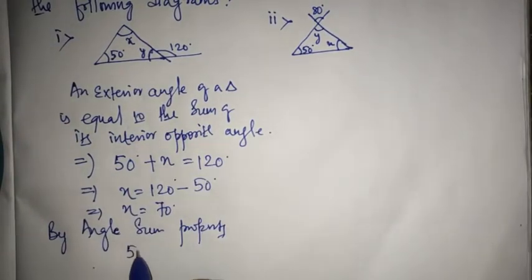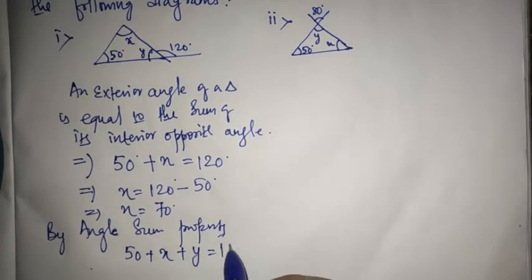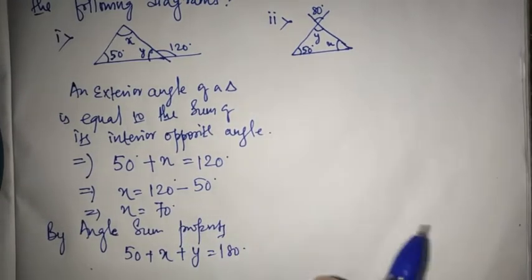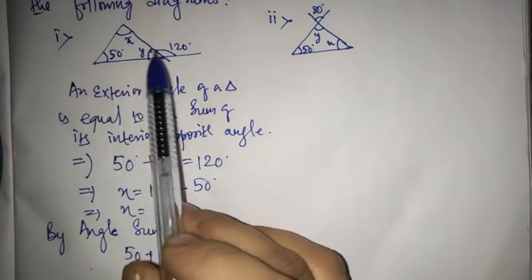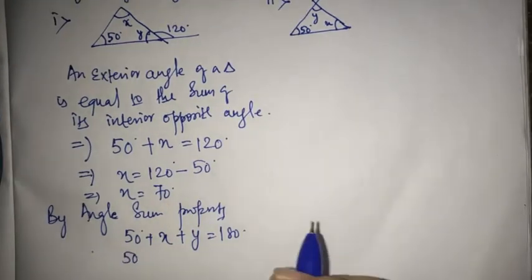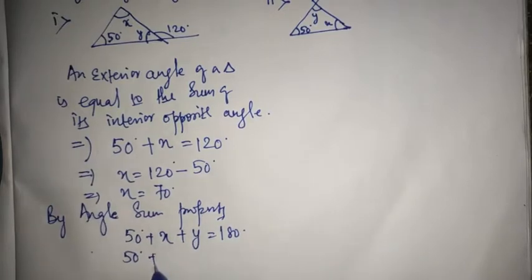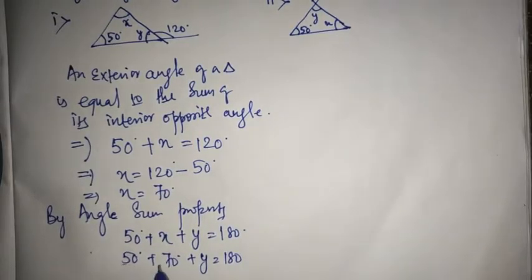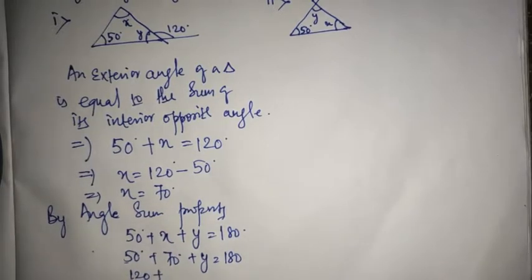So we can write 50 plus x plus y is equal to 180 degree. This is the angle sum property, that is the sum of all the interior angles is equal to 180 degree. So I can write here 50, the x value is known, that is 70 degree, and the y value is not known, which you have to find. So I can write 50 plus 70 is 120 degree, plus y is equal to 180 degree.